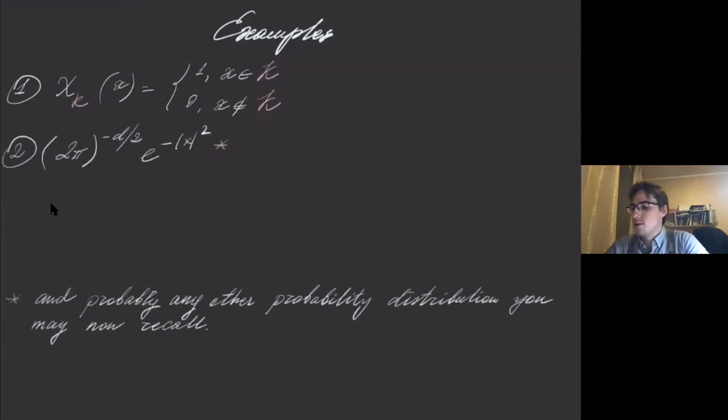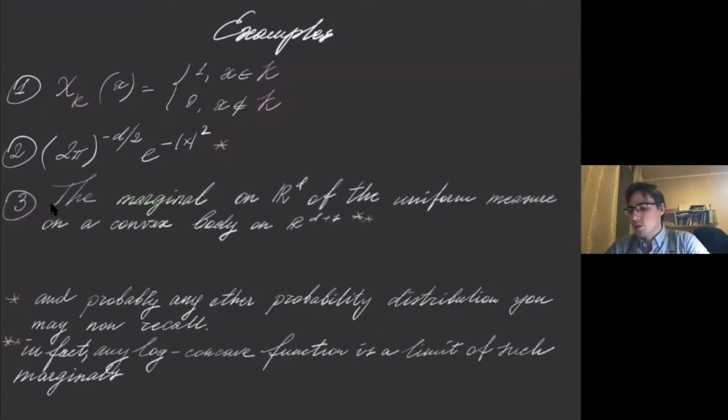The next example is the standard Gaussian distribution in R^d, and I guess that any other probability distribution you will now recall is a log-concave function as well. The next important example is the marginal distribution on R^d of the uniform measure induced by a convex body in R^(d+s).